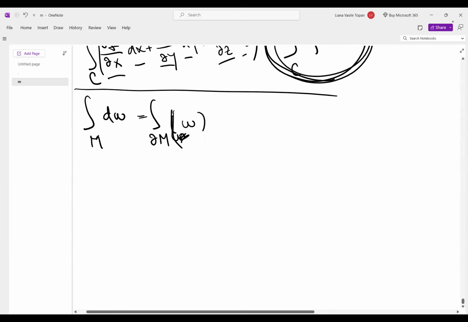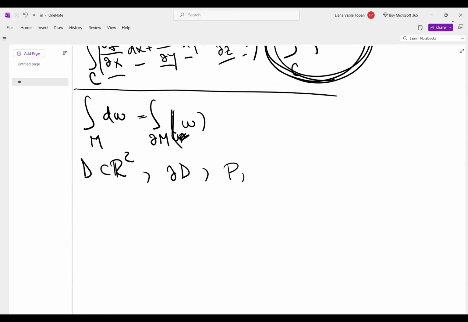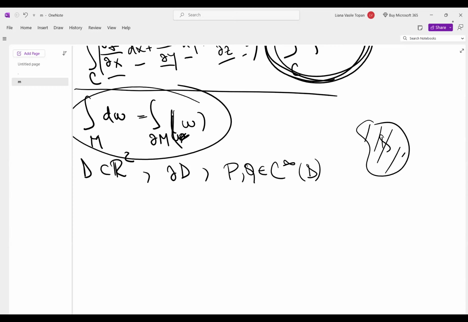So let's take D, a subset of R squared, a region with boundary of D, and we take P and Q, two smooth functions on D, right? So we have D, and there is a boundary here. Now in Stokes' theorem, we take M to be D, and then we take a one form, P dx plus Q dy. This is a one form, right?